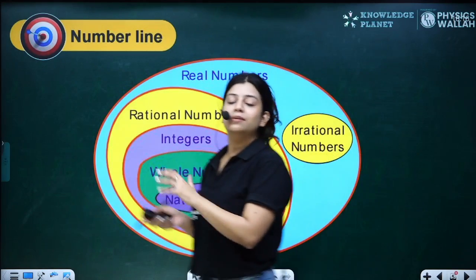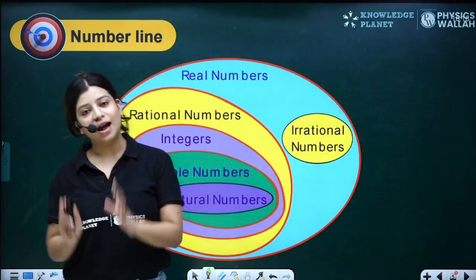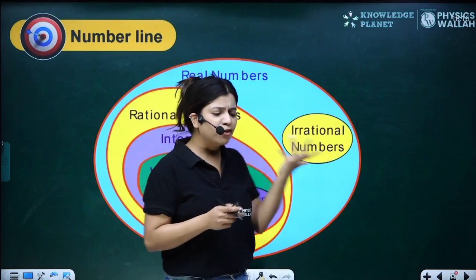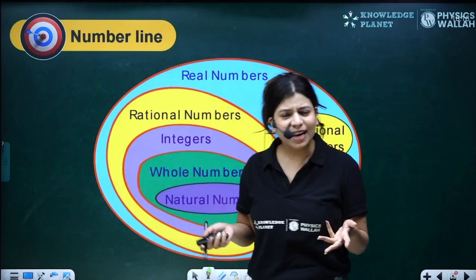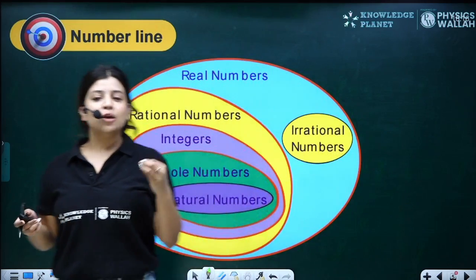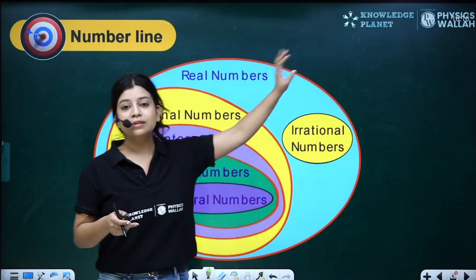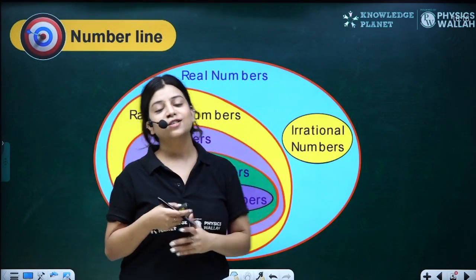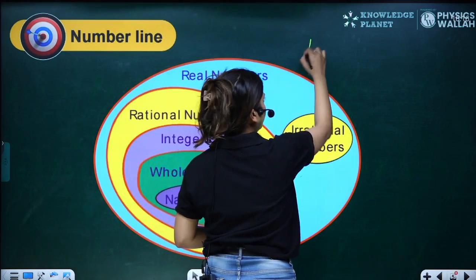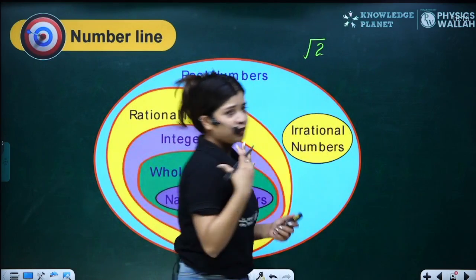Both rational numbers and irrational numbers are known as real numbers. Now you might wonder whether, apart from real numbers, there are any numbers that are non-real or unreal. Basically, apart from real numbers, we have one more group of numbers, that is imaginary numbers. You might have seen numbers like root 2, which is your irrational number.